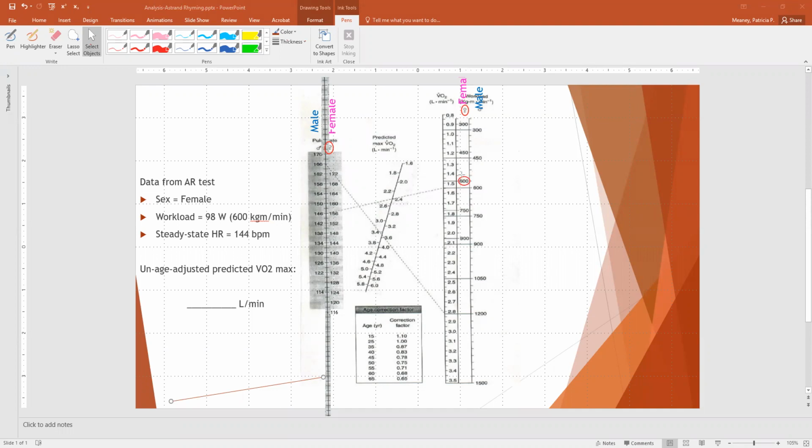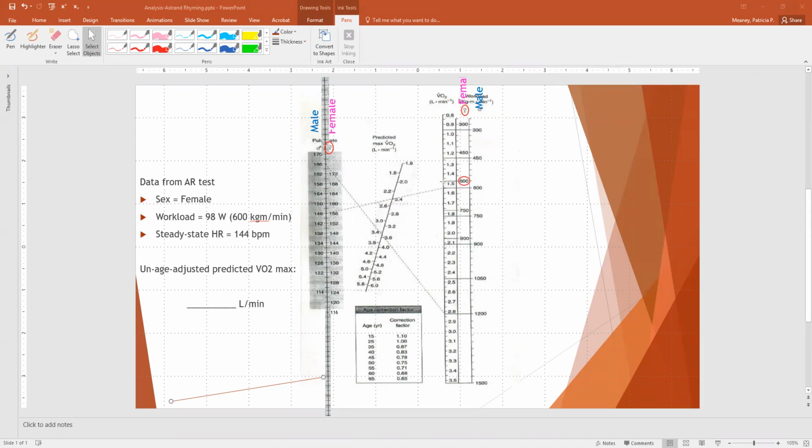One of the things that's really tricky about using the Astrand Rhyming Nomogram is that we don't use this area here. We're just using this to find the workload. If you find 600 here, you would then need to draw a straight line over, and they already did this when they drew the nomogram.